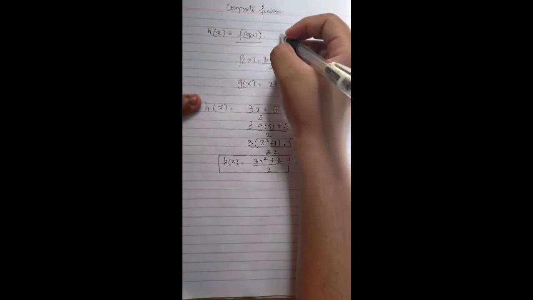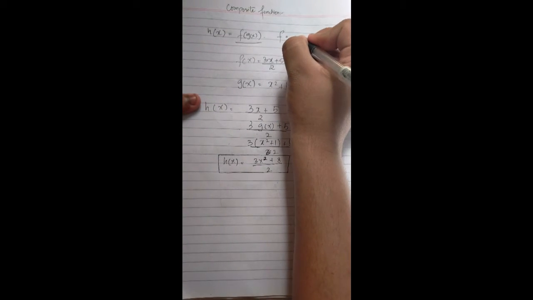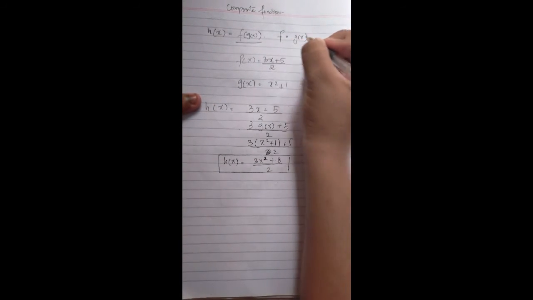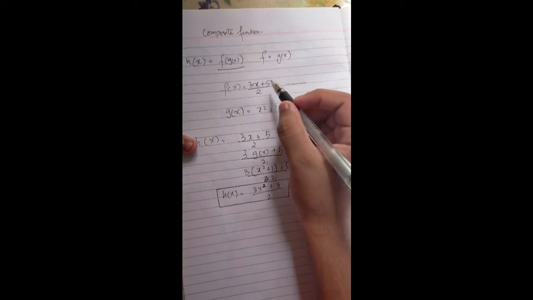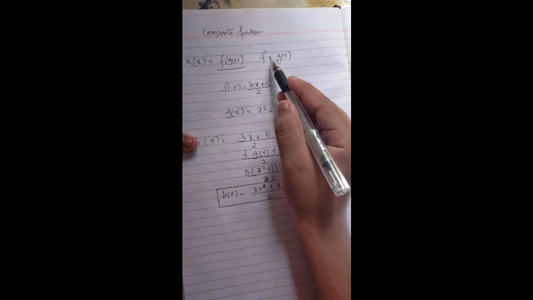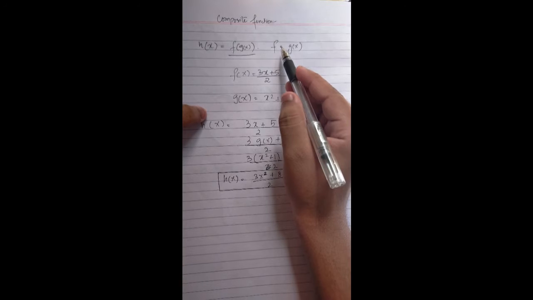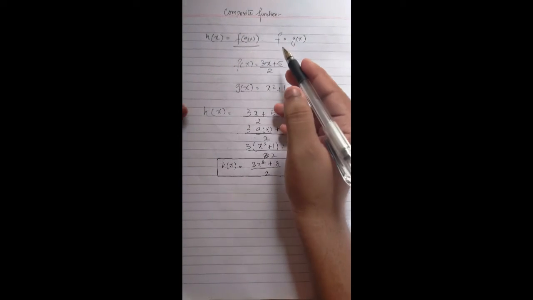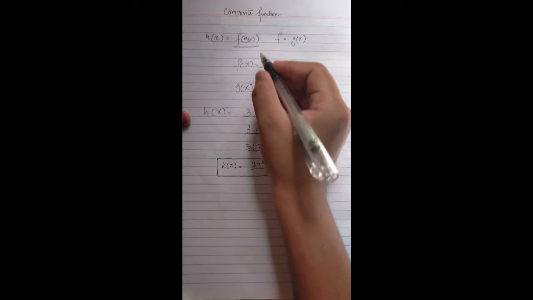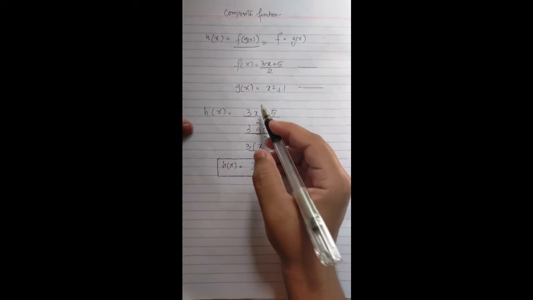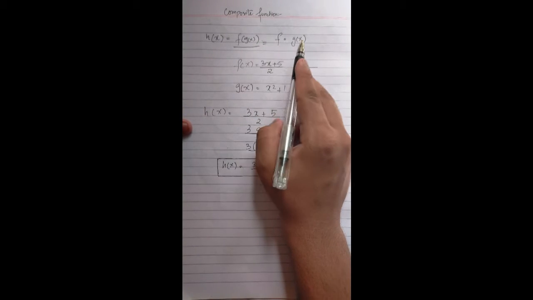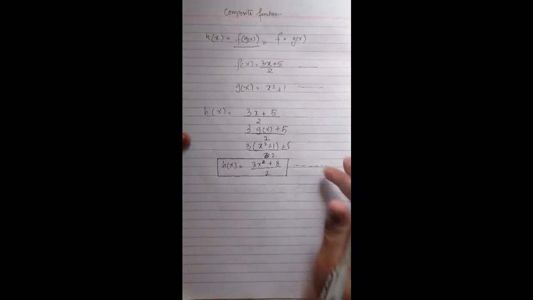This is also written as f dot g of x, with a small circle with a hole in the center. This is f dot g of x, which is equal to f, in which I have input the function g of x.